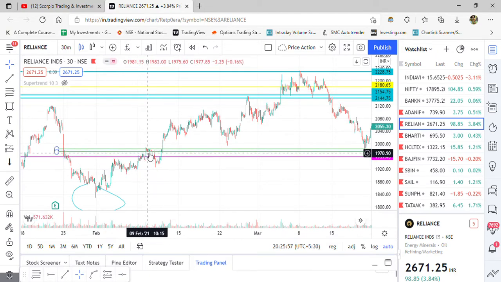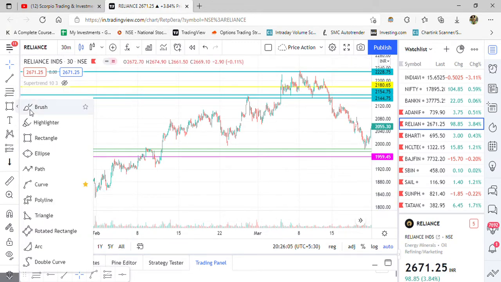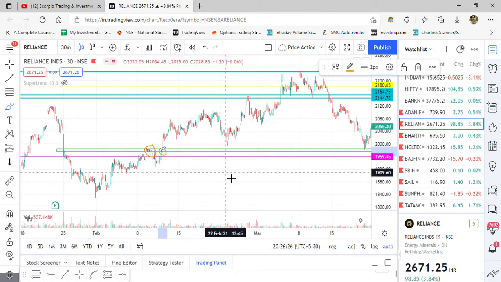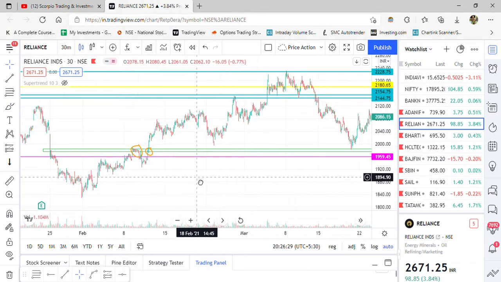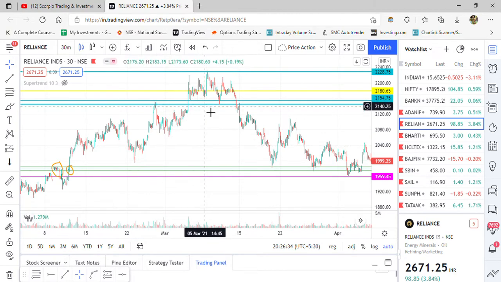It tried once here, and on the second attempt it crossed over. This was basically a resistance, the stock was not able to go up, and after crossing, this line becomes the support line, and the stock was above the support line, as you can see.